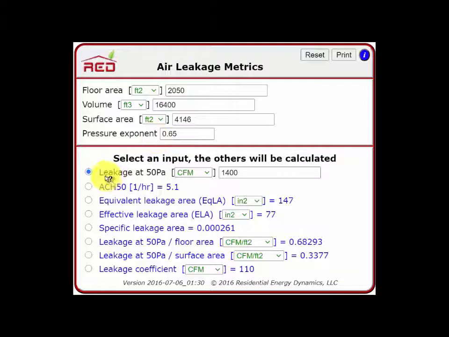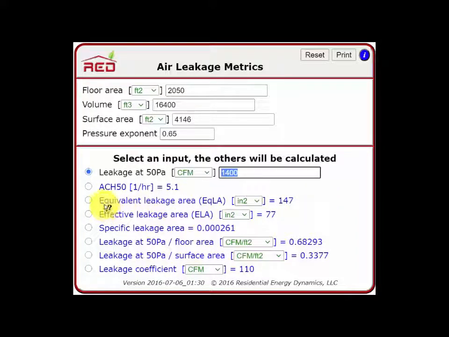The one I think we're all most familiar with down here is the leakage at 50 pascals. That's the same thing as CFM 50 leakage. So I've said that's 1400 CFM50. Now, some of you might have heard of, gee, if you take the CFM50 and divide it by 10, it gives you the approximate leakage area in the envelope.